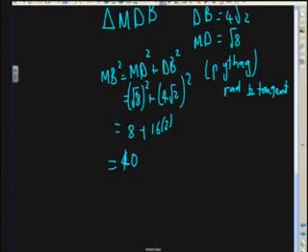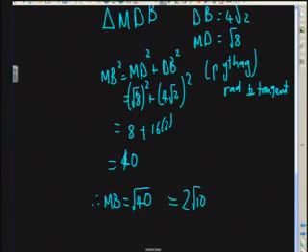So MB squared is 40, so if I want just MB, I need to take the square root. So the answer here would be square root 40, which you can simplify to 2 root 10, because 40 is 4 times 10, and then we can take the square root of 4 to give me 2 root 10.